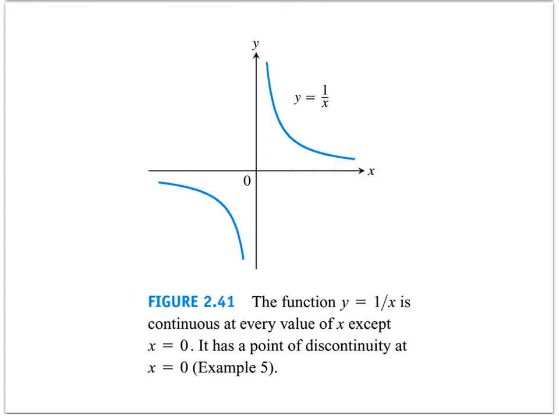As I'm approaching this way, the function's heading to infinity, but it's continuous everywhere else except at x equals 0. So if I only care about, say, this first quadrant, then I can say this function is continuous. Maybe I'm doing some experiment where I only care about these positive values, and I like continuous functions because, as you're going to see, there are a lot of properties that you can use.